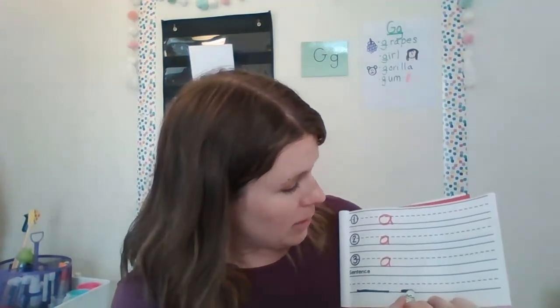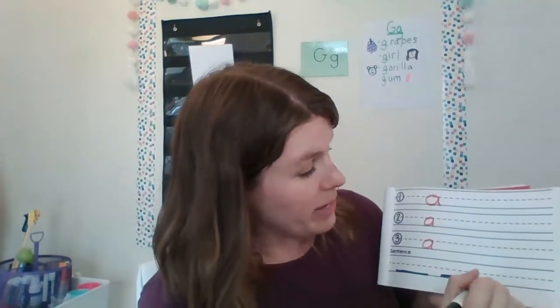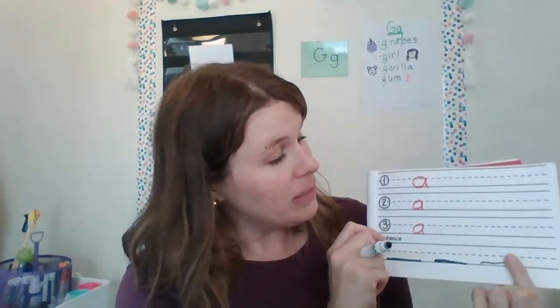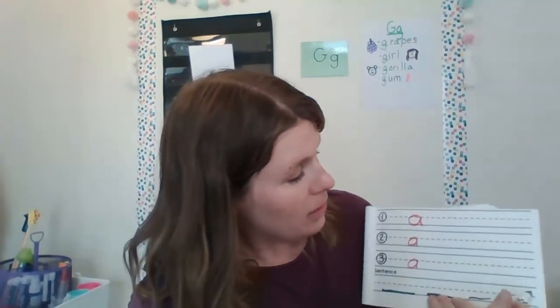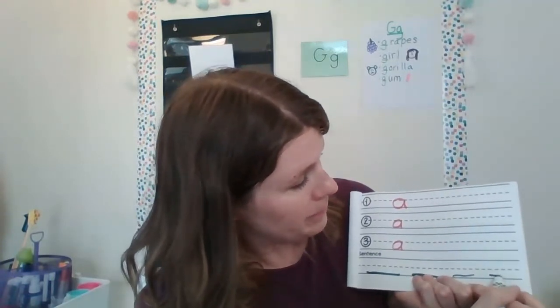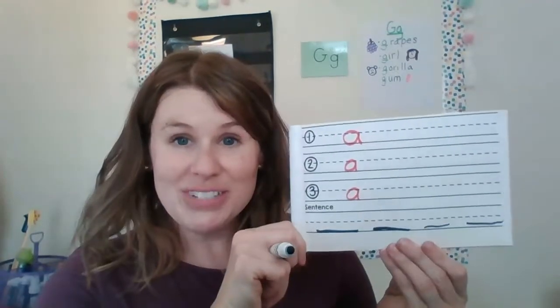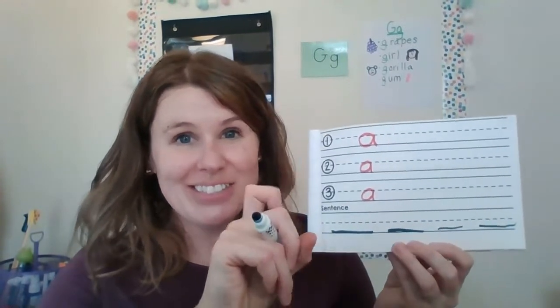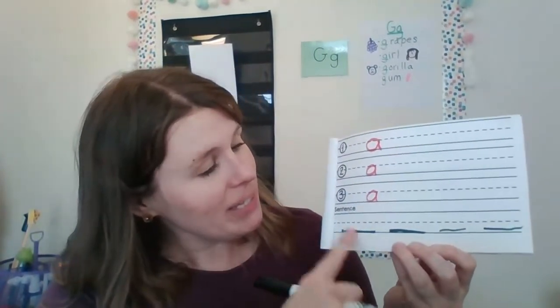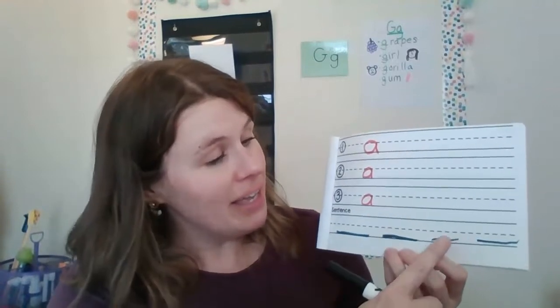We see, finger space, a. We need another finger space because we're ready for the next word. We see a cod. Point to each line as you see the word that you're going to write on that line. 1, 2, 3. We see a cod.